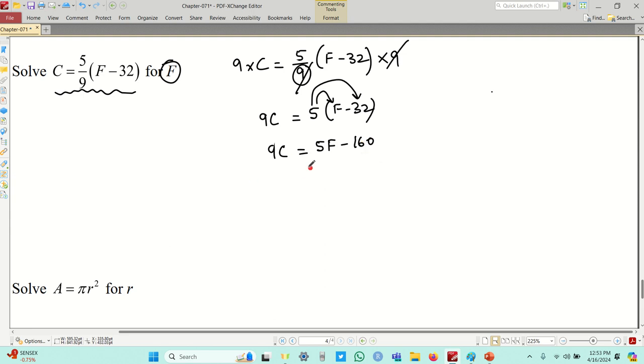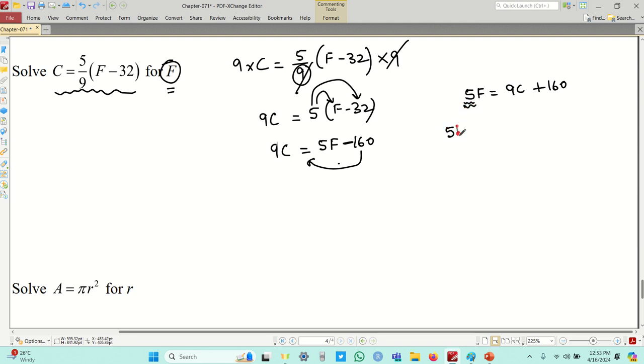Okay. Now what we need to calculate? We need to calculate F. So shift this number here. So what we will get? We will get 5F equal to 9C, and if you shift this minus value to the right side, it will become plus 160. Okay. Now what is the number here? 5.